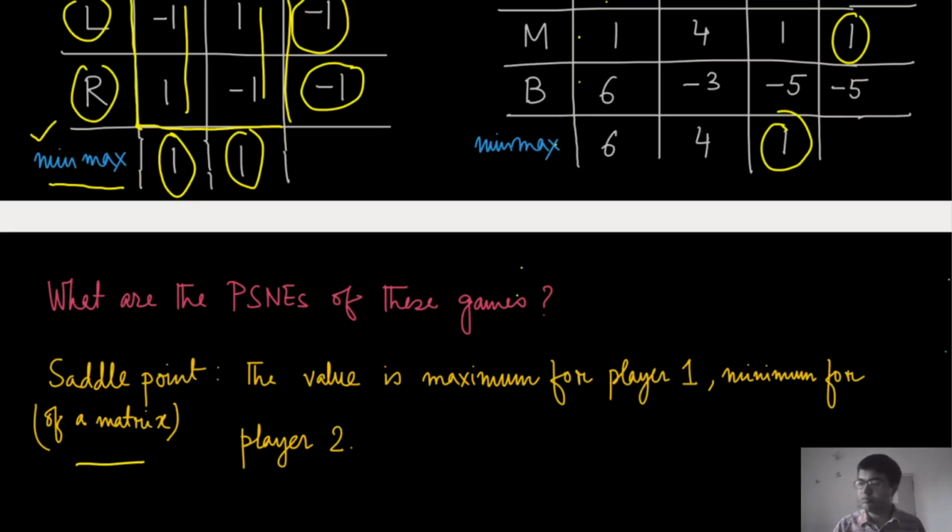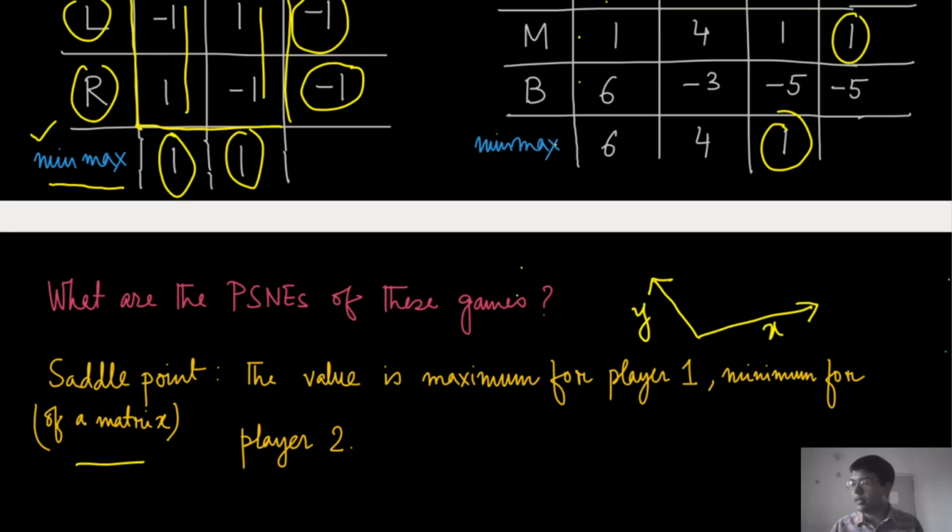This is the value that is the maximum for player 1, and it is going to be the minimum for player 2. If you want to draw it in 3 dimensions, let's say I have these 2 dimensions describing x and y for player 1 and 2, and I represent the utilities as the 3rd dimension.